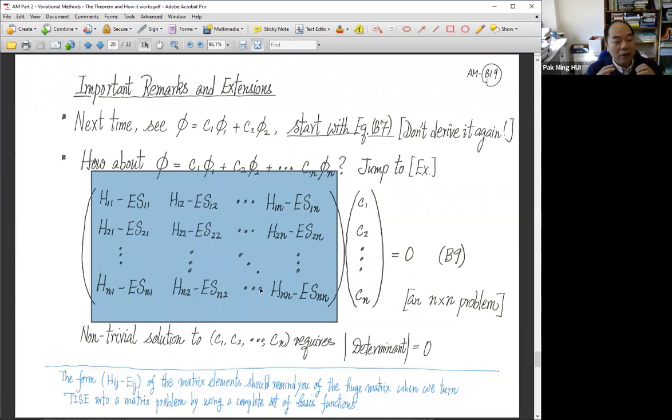So now it's not a blind guess. We have some theoretical backup connecting this method to the exact problem that we developed last week.